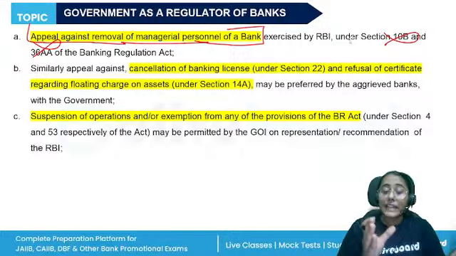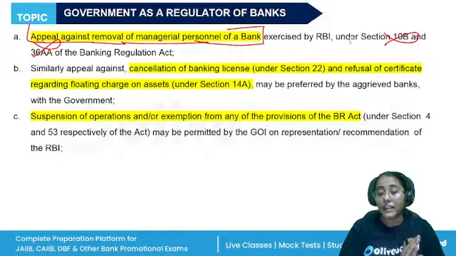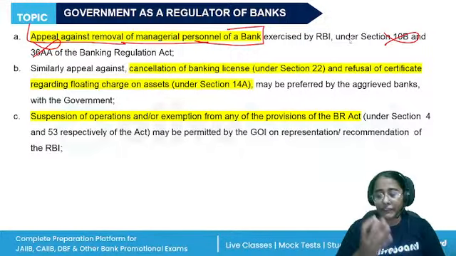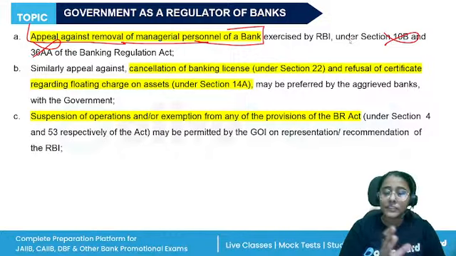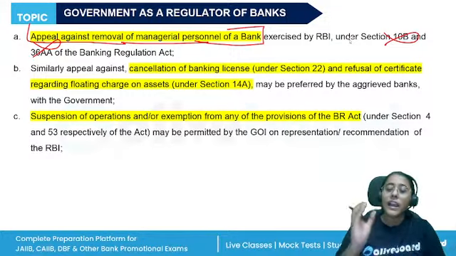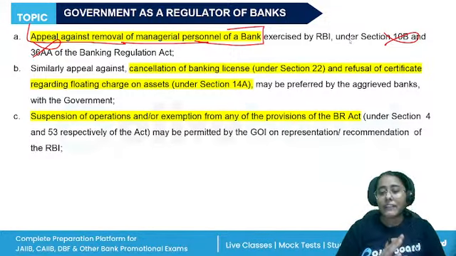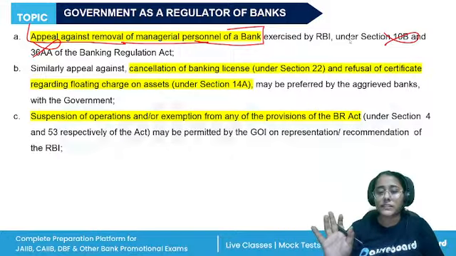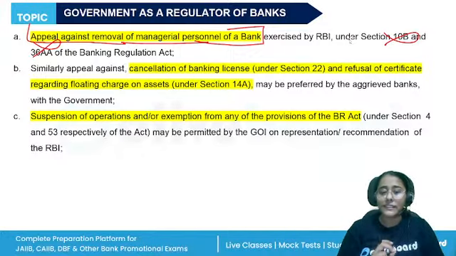RBI can also cancel the license of a banking company. Let's say the banking company has given loans to their own directors or to the shareholders, or they have committed a criminal offense, or been involved in any activity detrimental to the public or to the depositors. RBI will cancel their license.